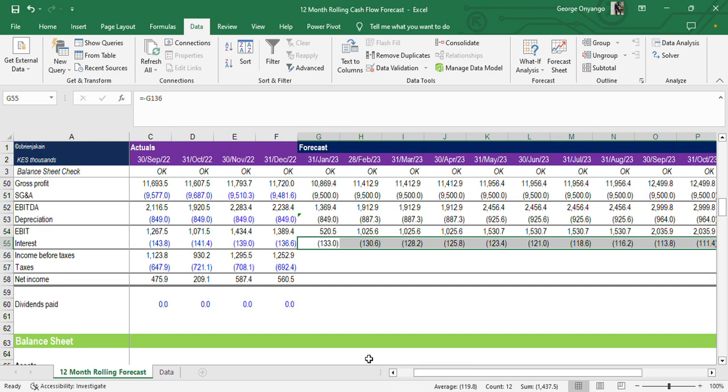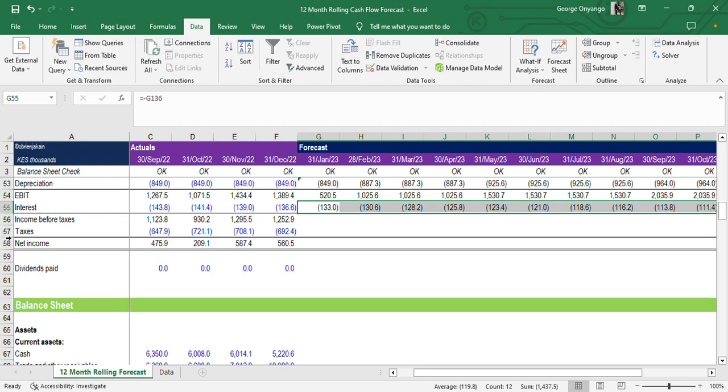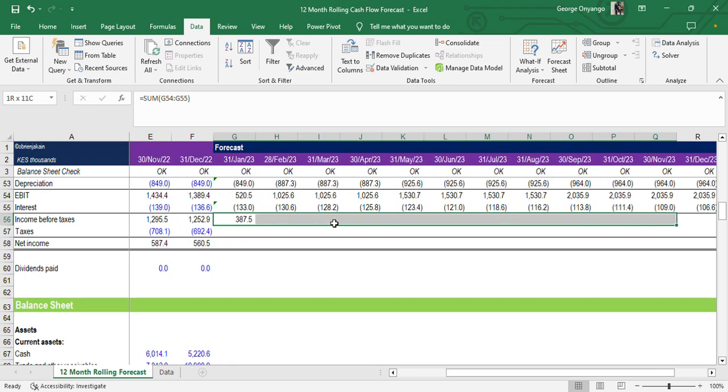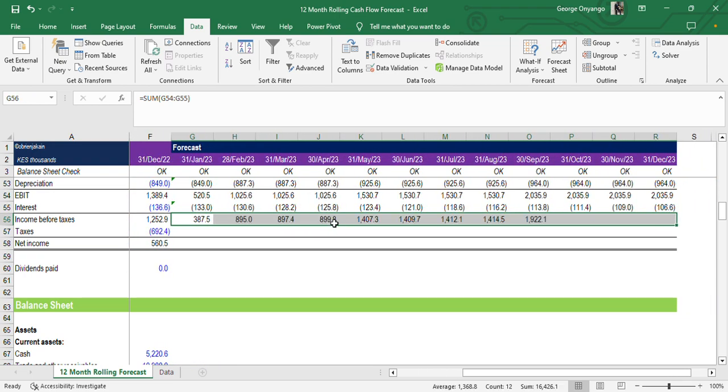And now we can also calculate the income before taxes, which is the sum of this. Then we can simply fill that right and get the correct values.